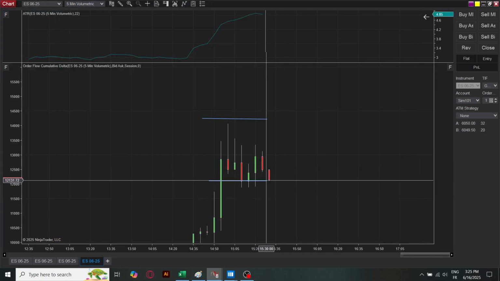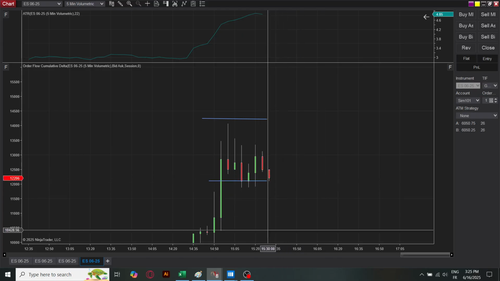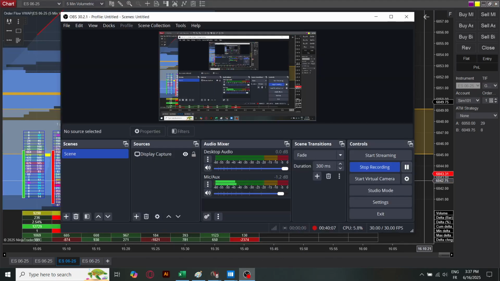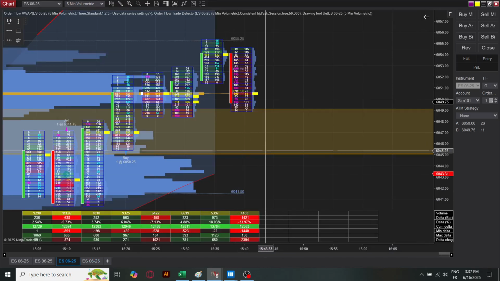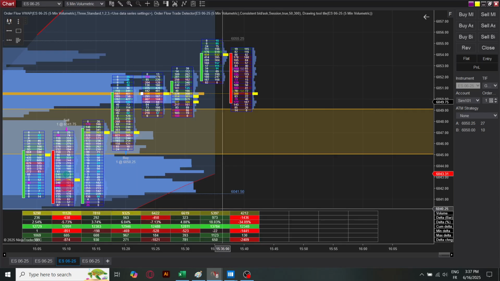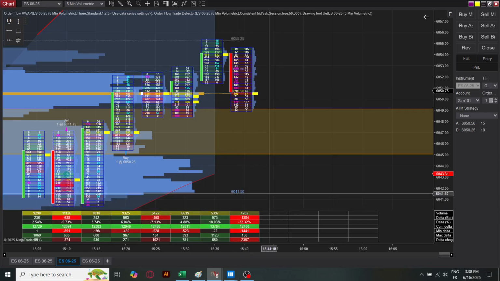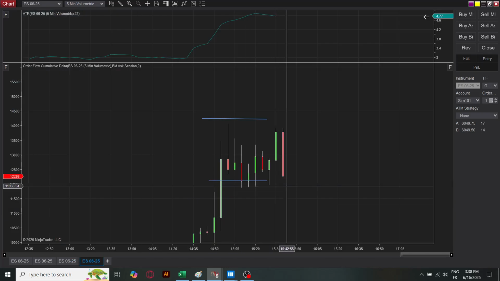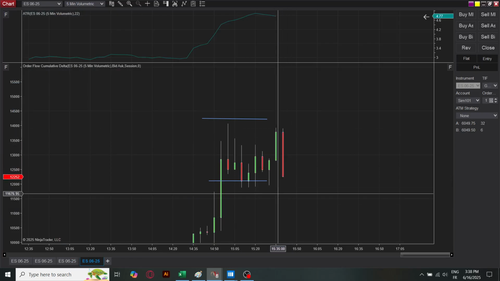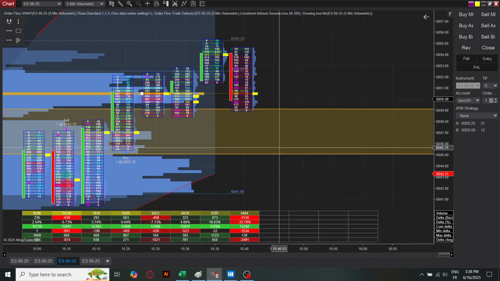Well, we can clearly see that cumulative delta is about to close under this. We have this strong bearish move, but there is a lack of volume, and we see this strong red candle on the cumulative delta.